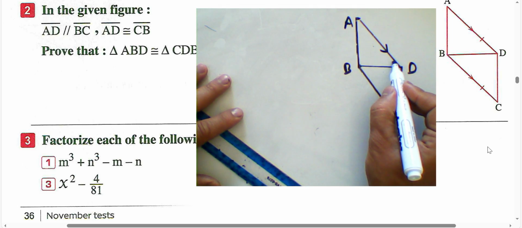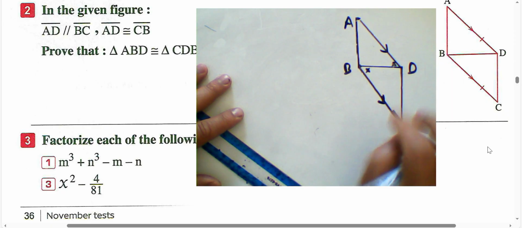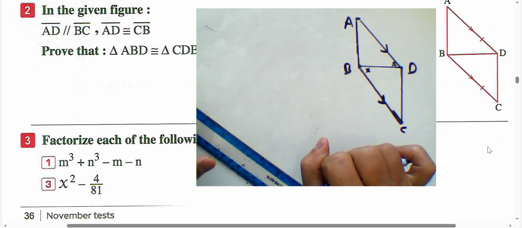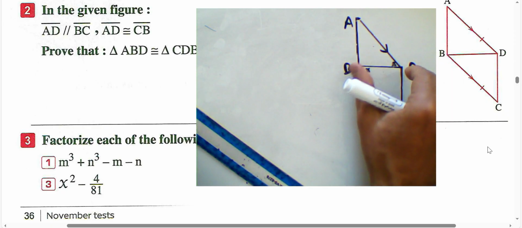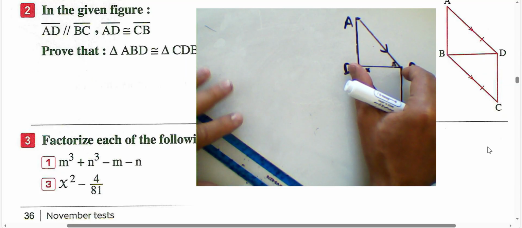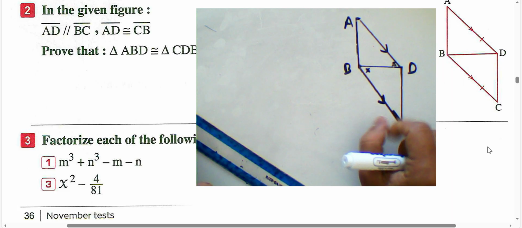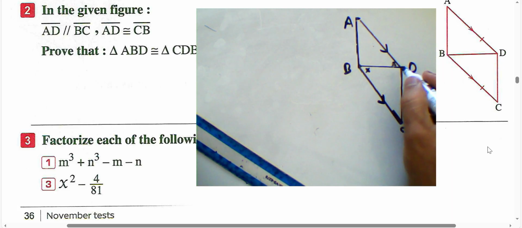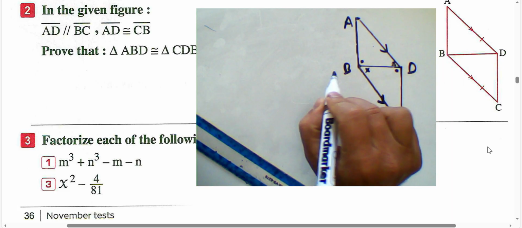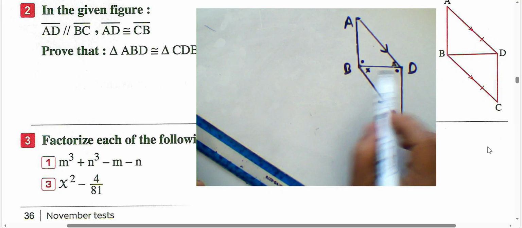Then this angle will be equal to this angle. Okay, they are equal. We have alternate angles, and DB, what do we call it? DB is the common side between the two triangles. It's a common side, and this angle will also be equal to this angle. We have two parallel sides.